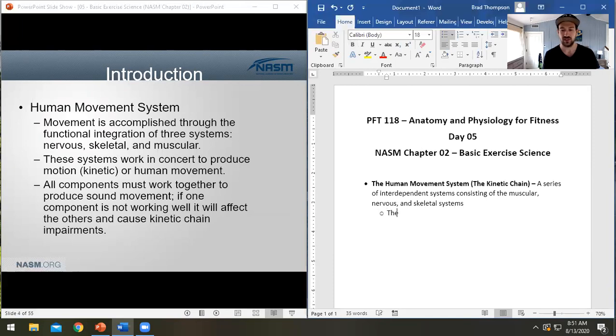So these 3 systems work together to produce and control human movement, right?